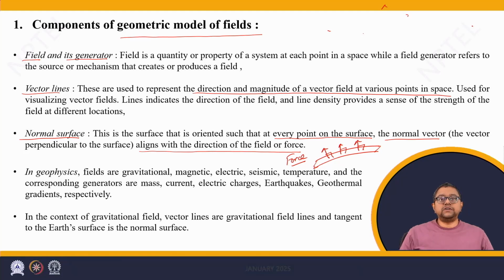So the normal surface is also a very interesting way to represent the geometrical model of a field. Coming to geophysical applications, gravitational, magnetic, and electric fields are very appropriately represented using vector lines as well as normal surfaces.